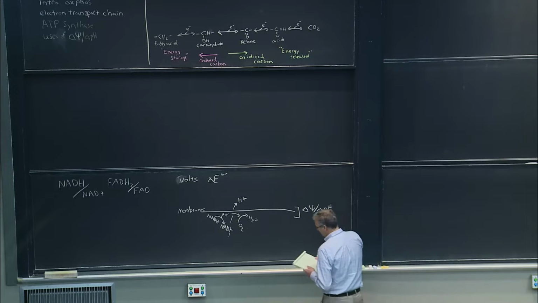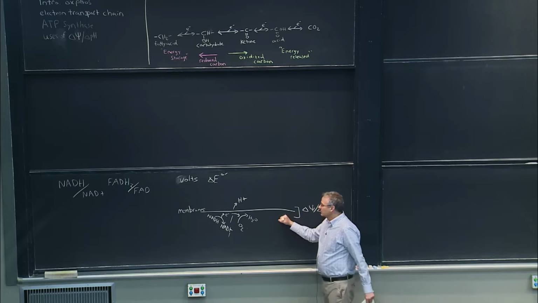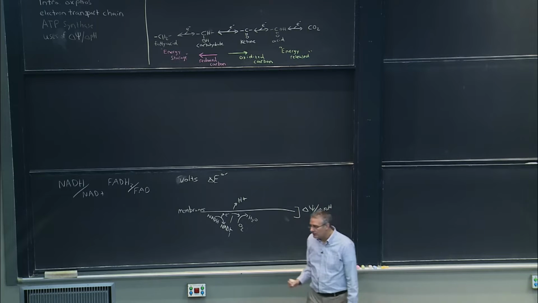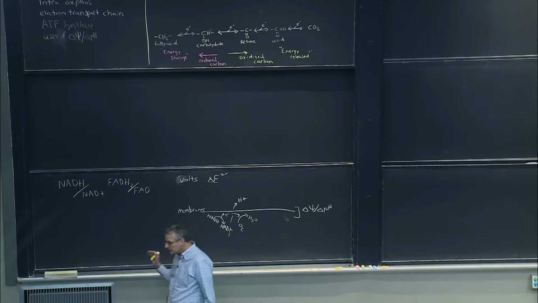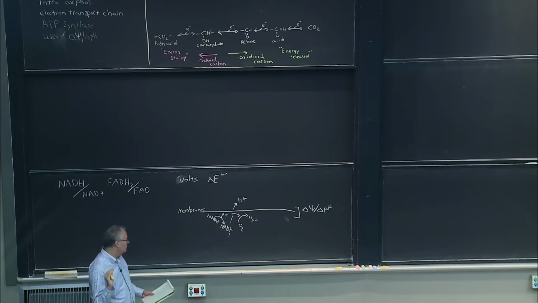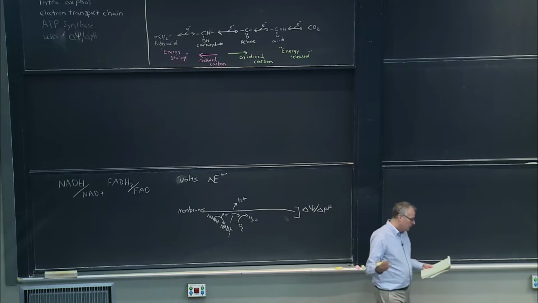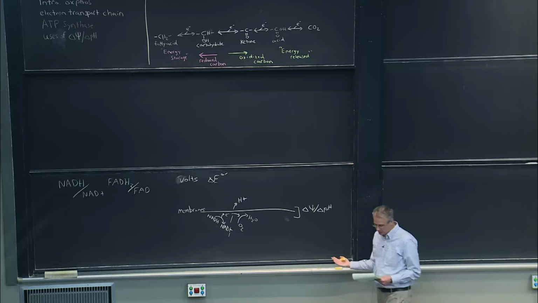Now, I just want to say and really stress that this process is really critical, and it's really central to how energy works for cells. You will see that the key steps in photosynthesis do exactly the same thing. It's how mitochondria work. It's also how bacteria work.